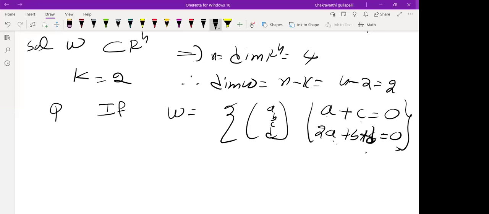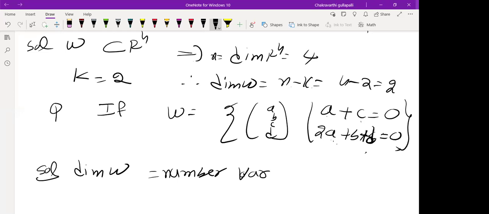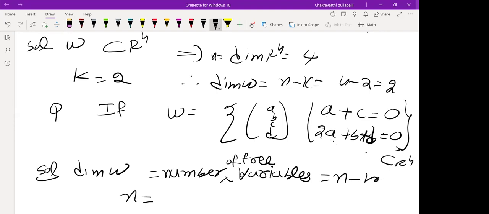So in that case, the dimension of W is equal to the number of free variables. Use this when more than one condition is given and they are not independent. What is n? n means the number of variables, or the dimension of R. So W is a subset of R.